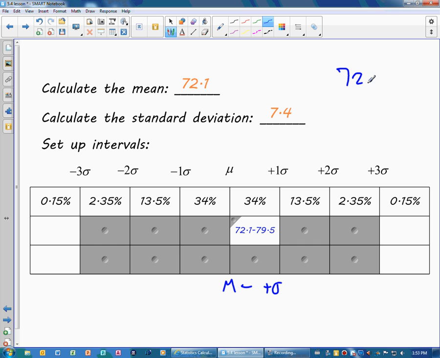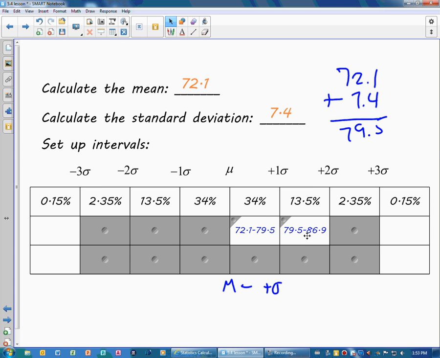So 72.1 plus 7.4 is 79.5, okay, so that's where that range came from. The second range is going to be 2 standard deviations above, so it's 79.5 plus 7.4, and then 3 standard deviations above, 86.9 to 94.3.